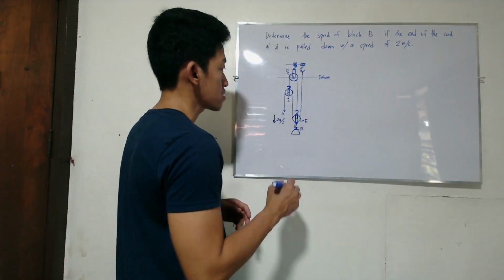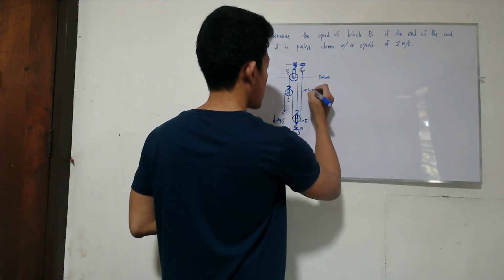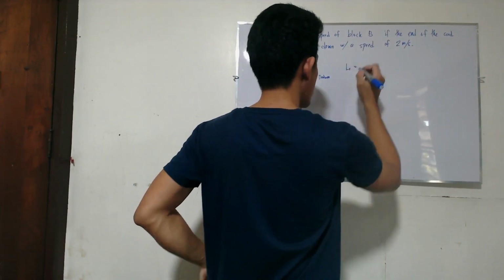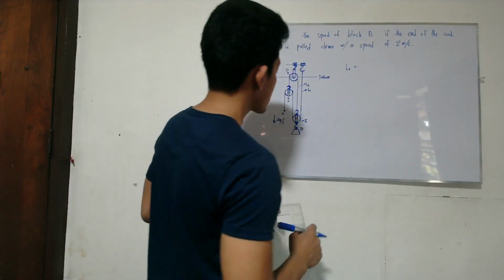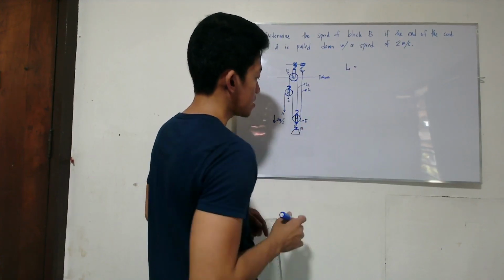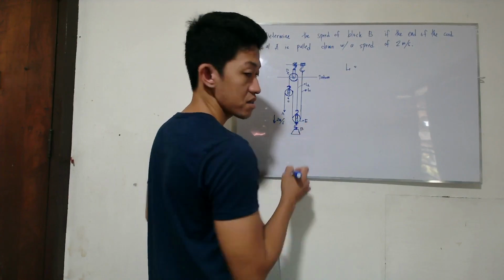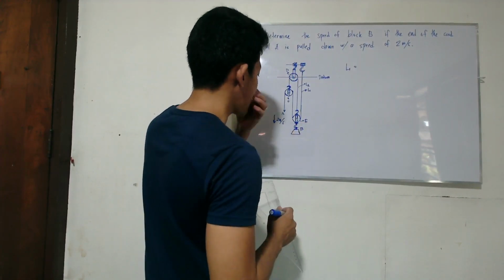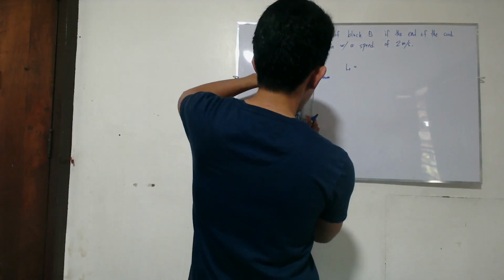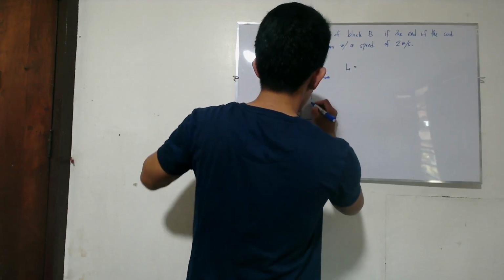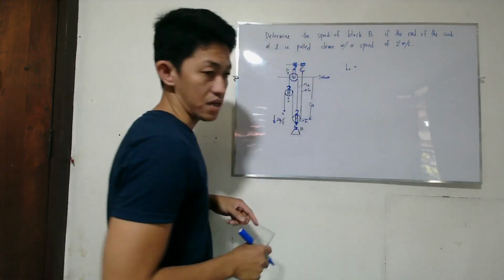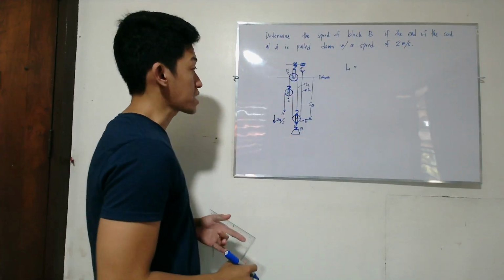Let's call this one L1 and this one L2. To get the total length, we first need to determine our position vectors. Since D and E are connected, they do not change relative to each other, so the velocity of E is the same as the velocity of B. This will be S sub B, going downward, positive, increasing.